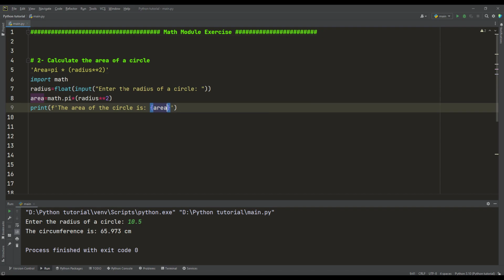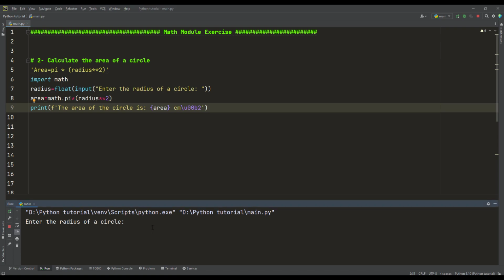The area here will be in square centimeters, and we learned in previous tutorials how to use the ASCII char. So I can add cm and slash u00b2 to have the square on the top of this centimeter.